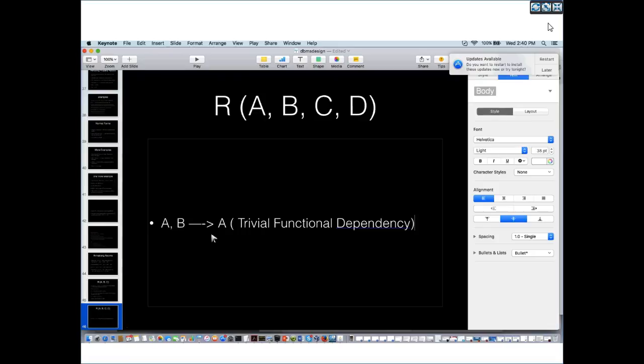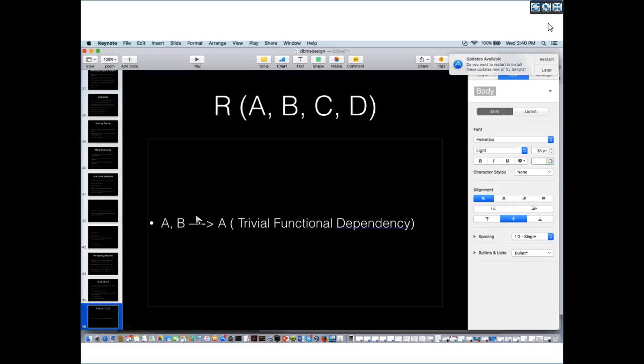All the rules of normal forms are defined on functional dependencies. We say that for all non-trivial functional dependencies, the left-hand side has to be a super key. So when you want to understand how the normal forms are defined from their base, this is important.